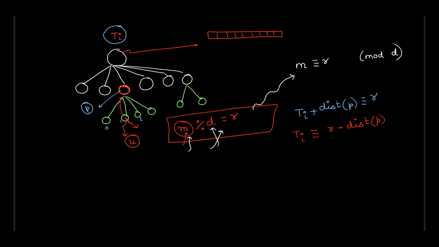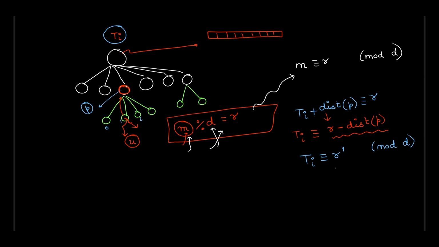And let's consider this value as r prime, because this would be fixed, as we are investigating this node and this would also be fixed. So we can write it like so: ti is congruent to r prime in this modular world of d.